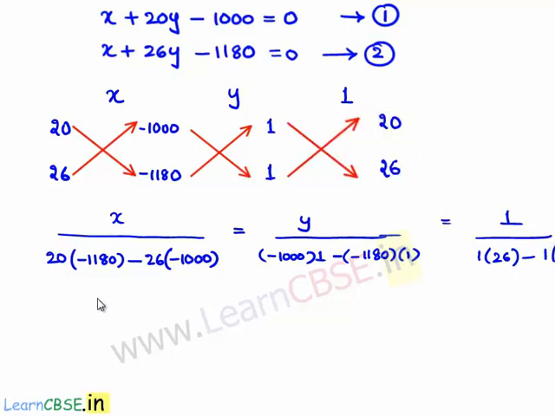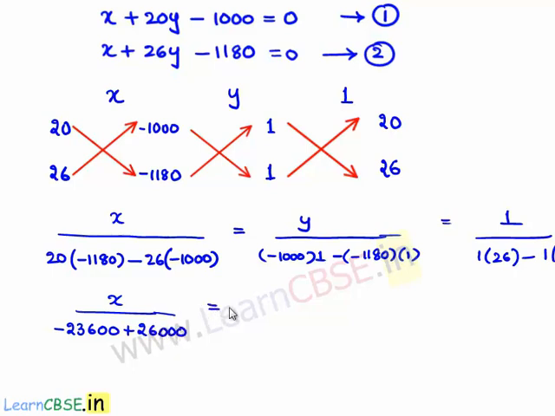Now this becomes X divided by, so this value becomes minus 23,600. So minus of minus is plus. This becomes 26,000.